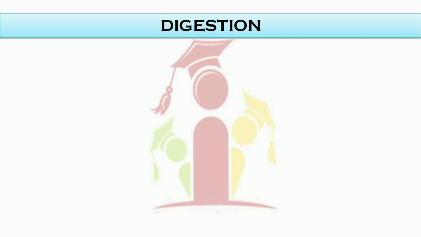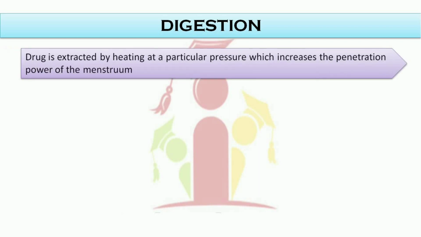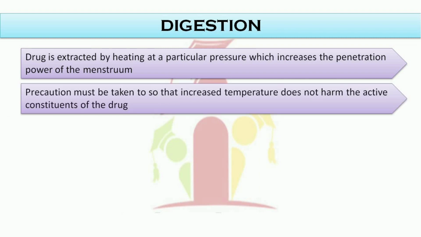Now the final process, which is digestion. Here the drug is extracted by heating at a particular pressure which increases the penetration power of the menstruum. Precaution must be taken so that increased temperature does not harm the active constituents of the drug.